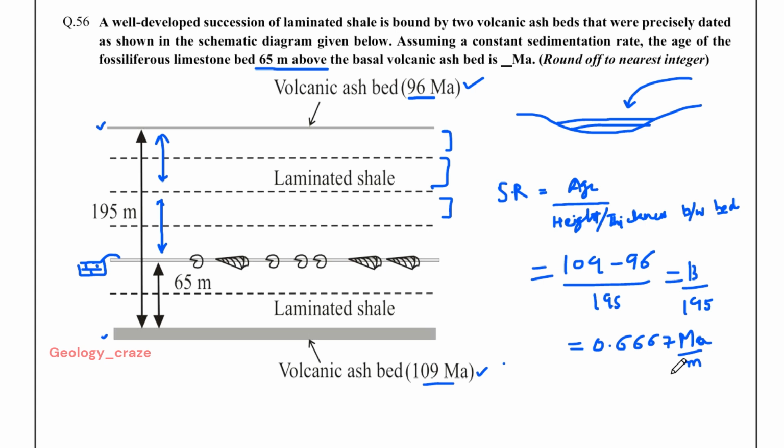We have to calculate for how many meters? We have to calculate for the 65 meter thickness, so we just multiply this with 65. We will get how much? 4.33.